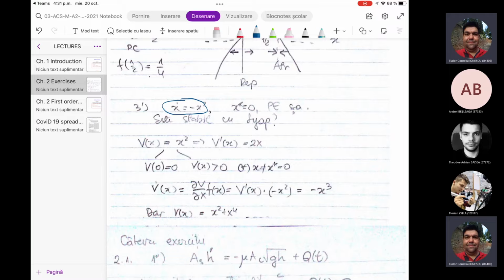Note that this is a sufficient condition and not at all necessary. You might have stable points that do not satisfy this property. Okay? However, if this property is satisfied, you're sure that that specific equilibrium point where the energy of the system is constant or 0 is a stable, actually even an asymptotically stable point.